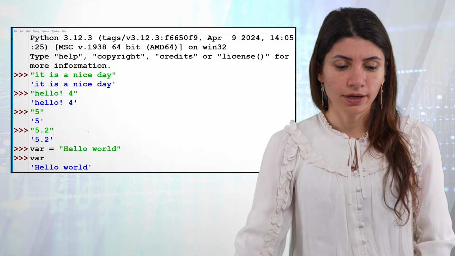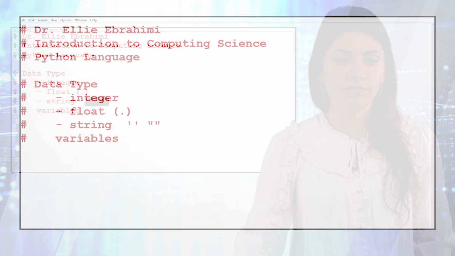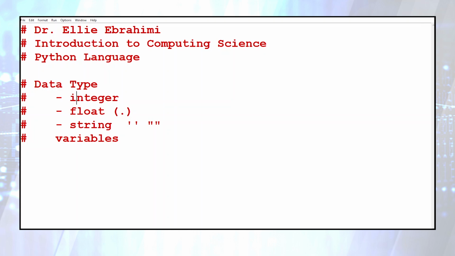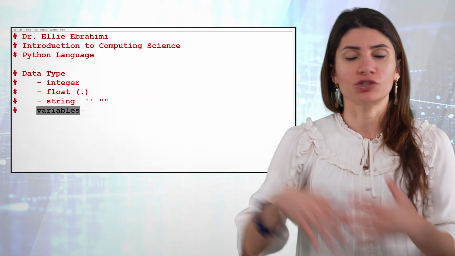All right, so going back to what we have here. So far we learned about three data types. We learned about integers and floats, both are numeric data types. And then we learned about string data types, which are very simple. You just put the quotations and boom, you have the string type. We also talked about variables. With variables, you're basically storing the information. You're saving it inside a box, inside a safe.